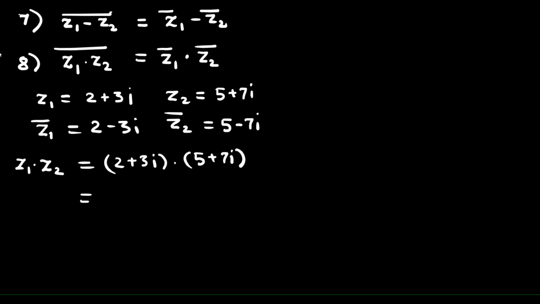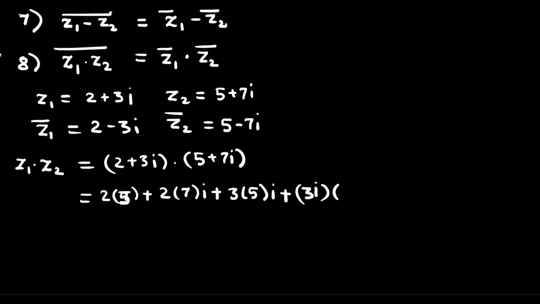So here, first of all, it will be 2 into 5, then plus 2 into 7i, then plus 3 into 5i, then plus 3i into 7i.